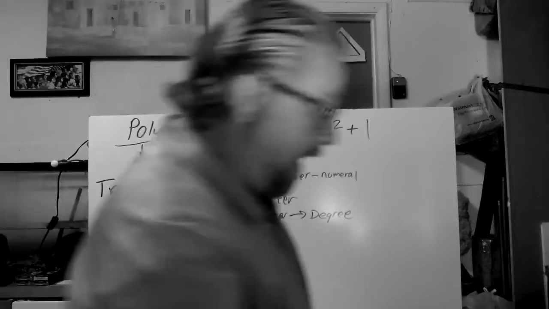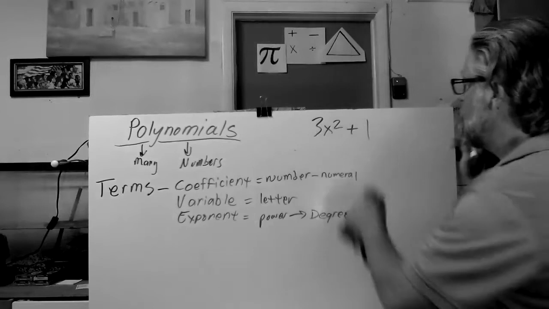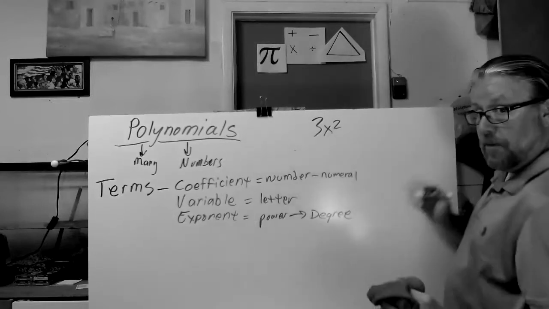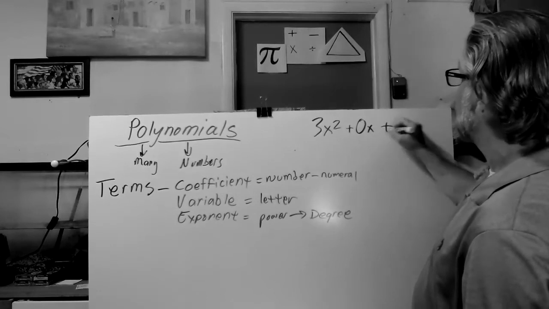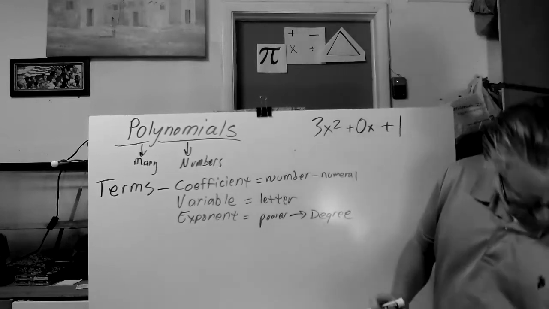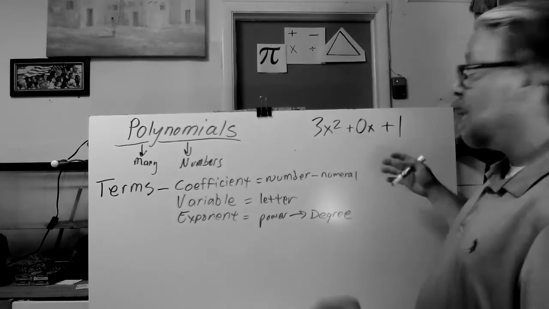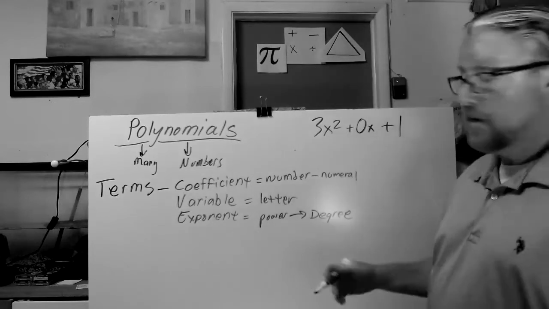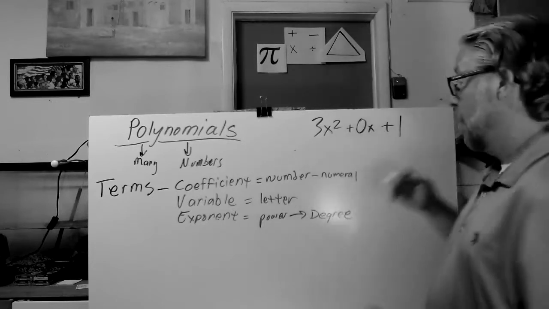Even though there's no x in here that has a 1, if I needed to, for some odd reason, I could make this 0x plus 1. That helps me remember that there are possibly 3 terms. And again, there are operations where that will become relevant. But right now, we don't have to worry about it. I just want you to see that and know that.